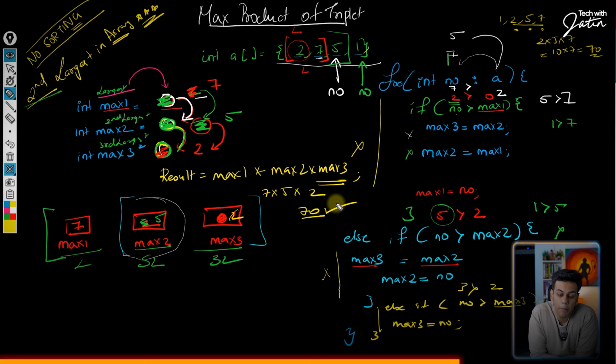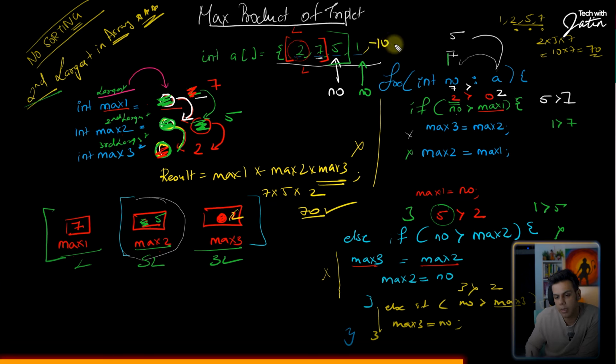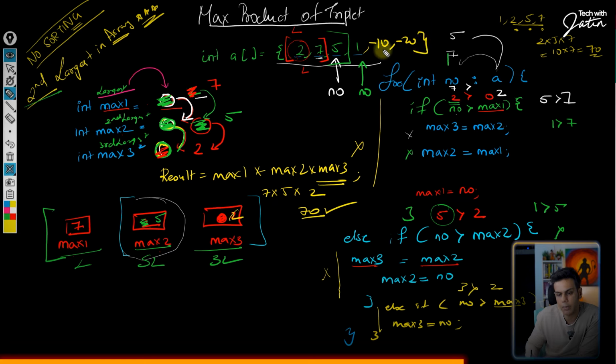Perfect. Now, in reality, we are also going to have negative numbers also. So let's see. There were 2 negative numbers. Let me just quickly rub this particular part from here. And I say those 2 negative numbers are going to be minus 10 and minus 20. Minus 10, minus 20.